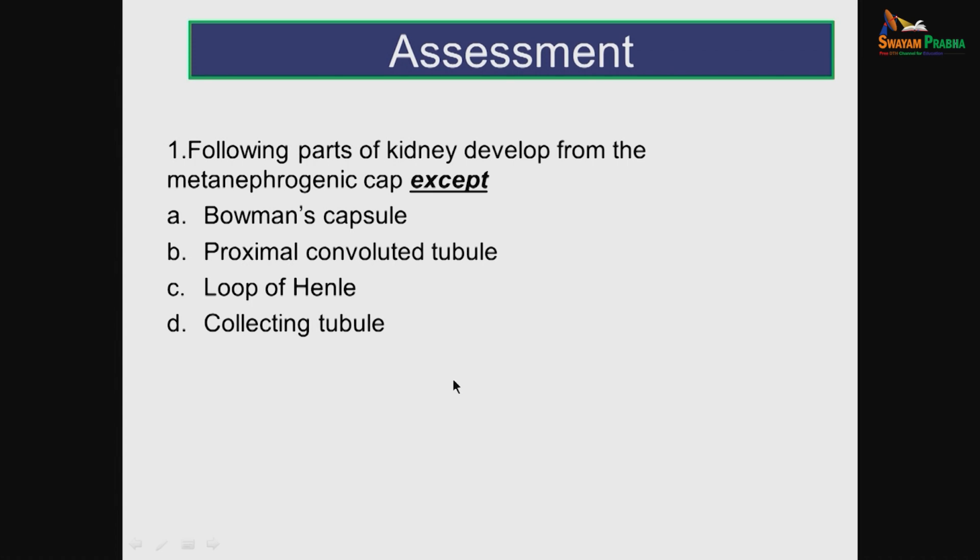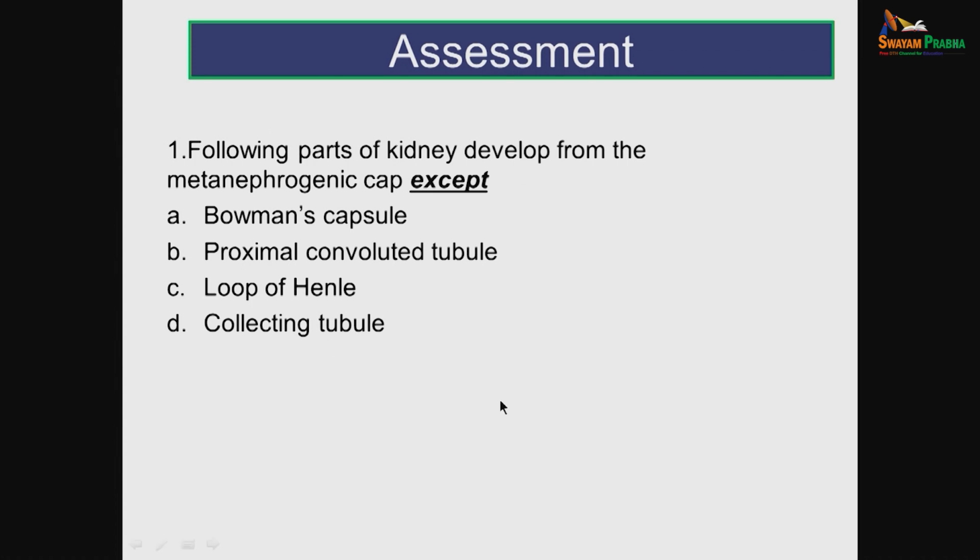The answer is D. Collecting tubule. The reason being A, B and C are developed from the metanephric blastema, whereas the collecting tubule is going to be developed from the ureteric bud.